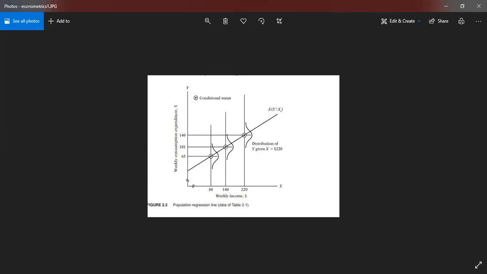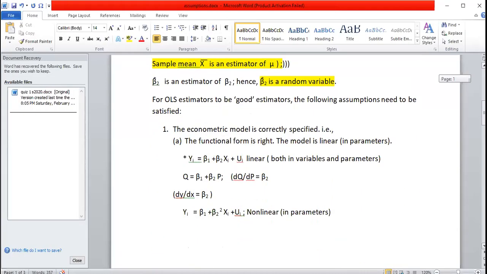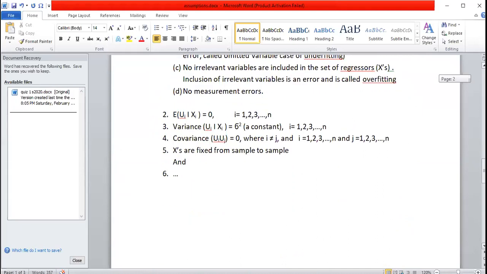Here is the assumption. I'll go back and forth to this. Here, assumption number 1: expected value of u given x is 0. If you understand one, then you'll understand the other ones.